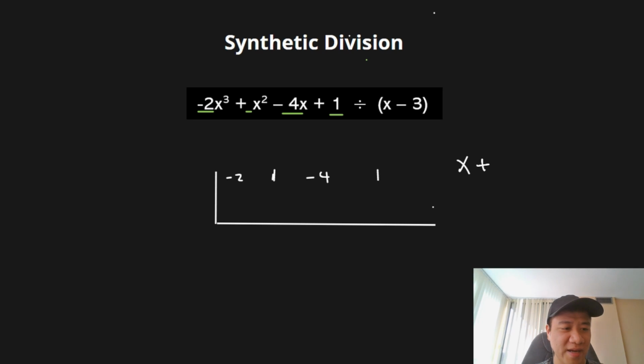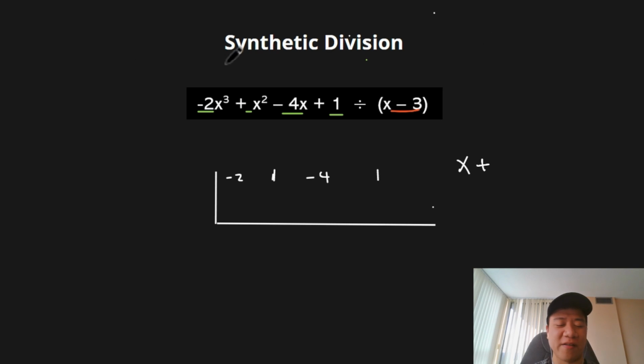Okay, the next thing we do is we put our divisor on this side of our little synthetic division thing here. So since we have x minus 3 here, we actually don't put x minus 3 here. What we're going to do is take this number we see here, negative 3, and put it over here, but instead of putting negative 3, we're going to put positive 3. So we just need to flip the sign.